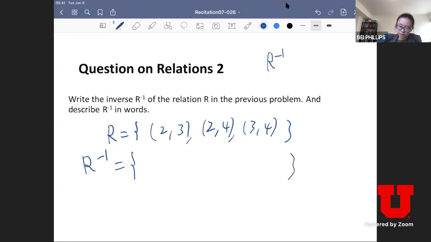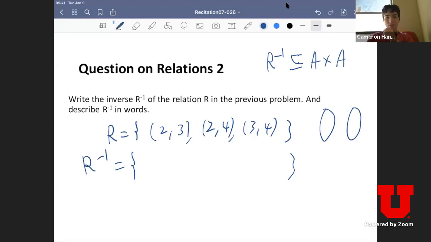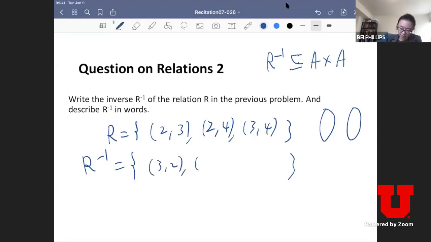Remember, the inverse, again, is a subset of A cross A. I'm reversing the arrow between the relations. Three, 2, 4, 2, 4, 3. Exactly. And what is the English description of this? What does this relation mean?